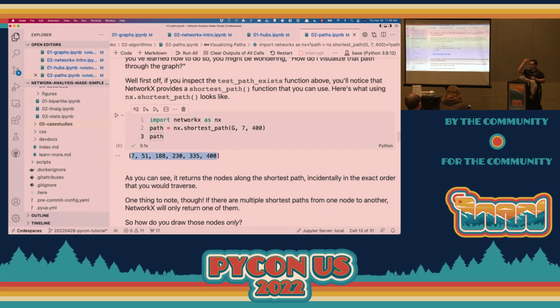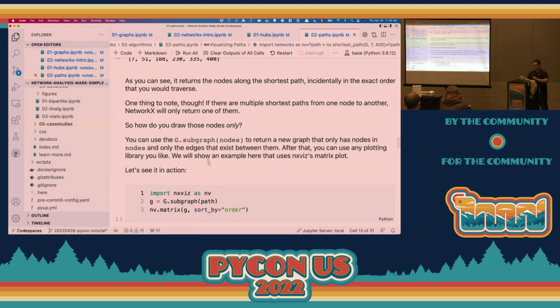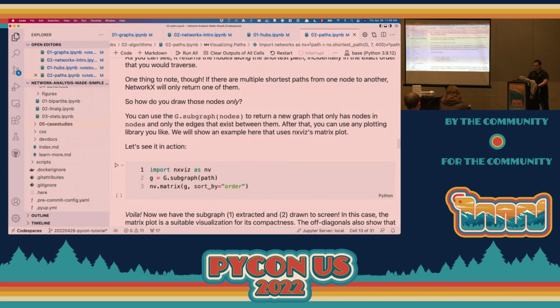And this may not be the only shortest path that exists between two nodes. There could be multiple shortest paths. It will return one of them for you. What's really nice then is you can use this to figure out the length of the shortest path, right? The length of the shortest path in this case would be 1 hop, 2 hop, 3 hop, 4 hop, 5 hops. You need 5 hops to go from node 7 to node 400, okay? So far, so good? All good? So you can then use this to understand the structure of the graph.